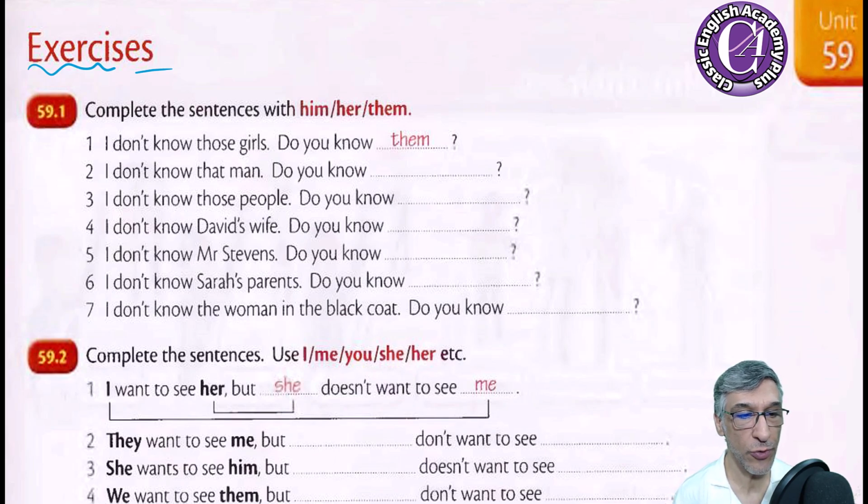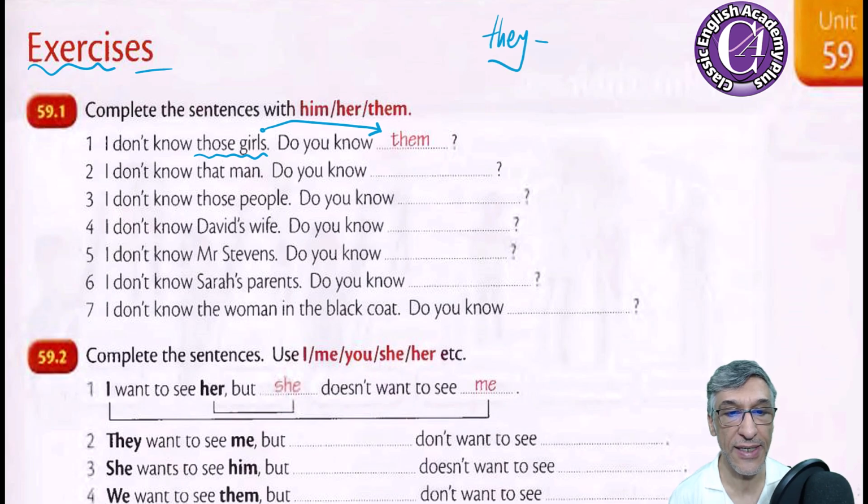I do not know those girls. Okay, it's talking about those girls. And those girls turn into a kind of pronoun. Do you remember? We just explained that they is them or am, okay? But we do not need to have both of them in one sentence.